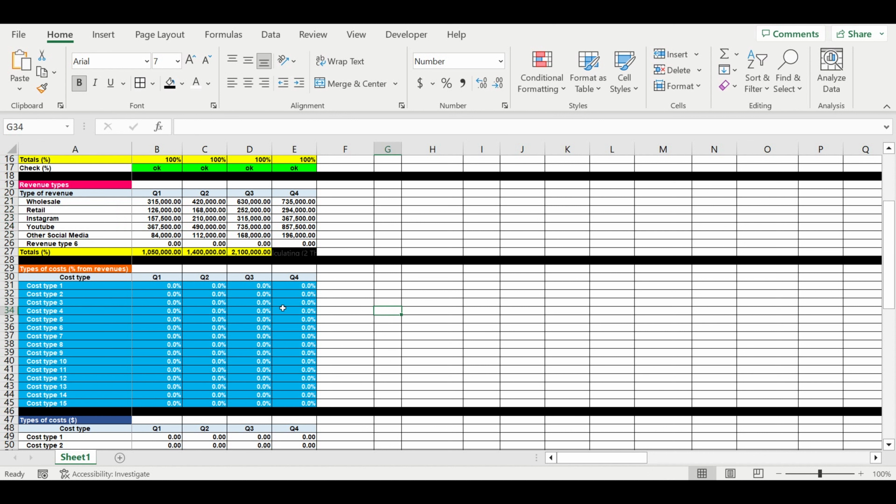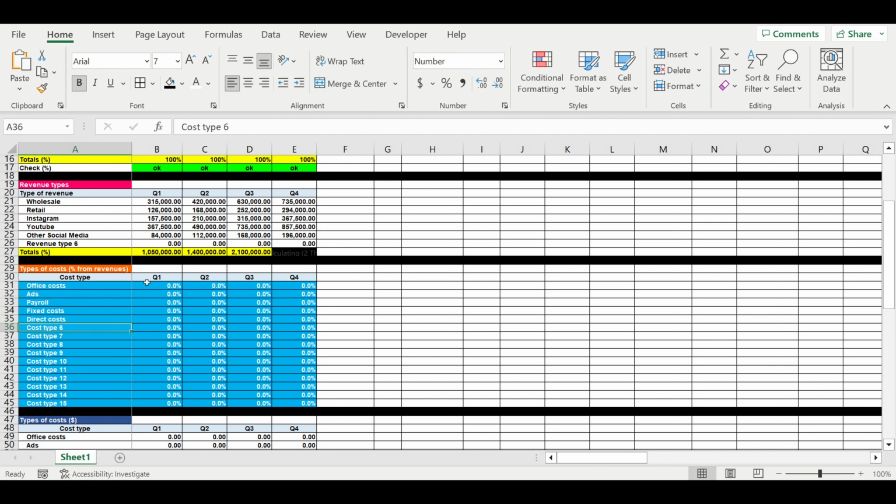Then we start talking about different types of costs that we have. First of all, we have, let's say, office costs. Then for example, advertising. Then payroll, then fixed costs, then direct costs.